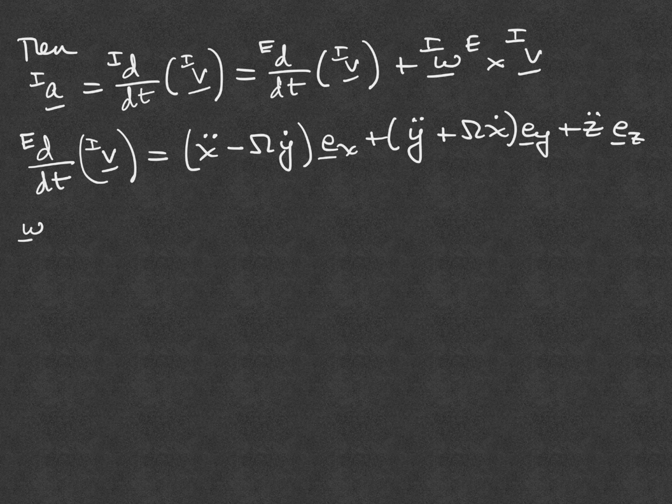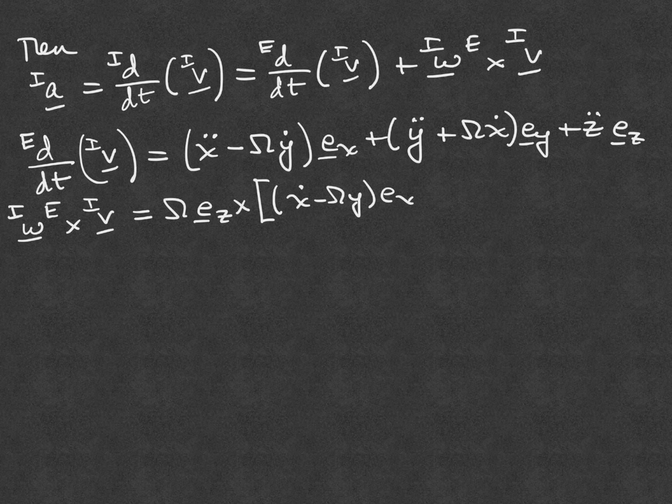The next term is omega EI crossed with VI, which is equal to omega EZ crossed with x dot minus omega y EX plus y dot plus omega x EY plus z dot EZ.